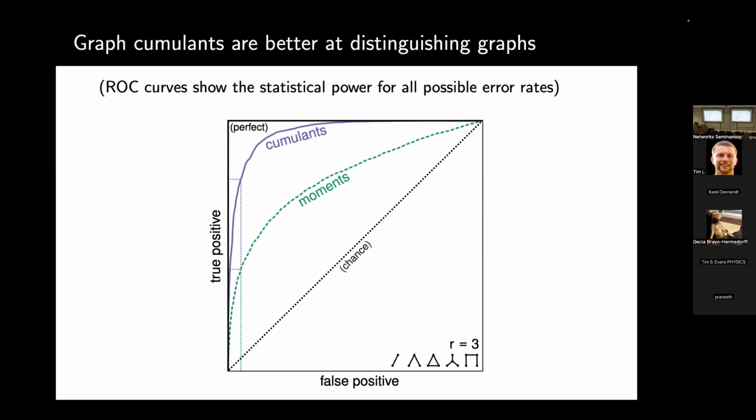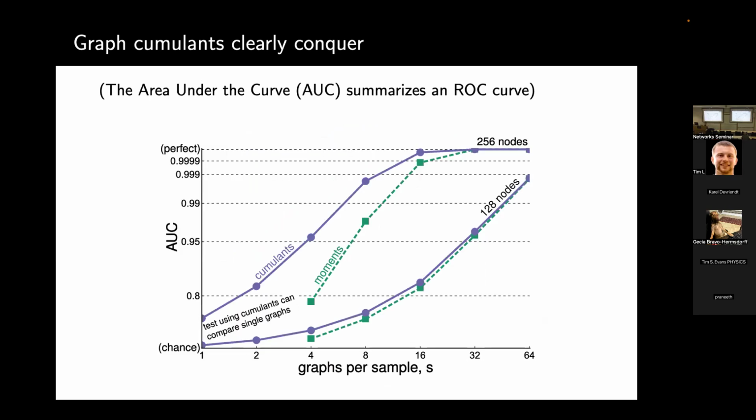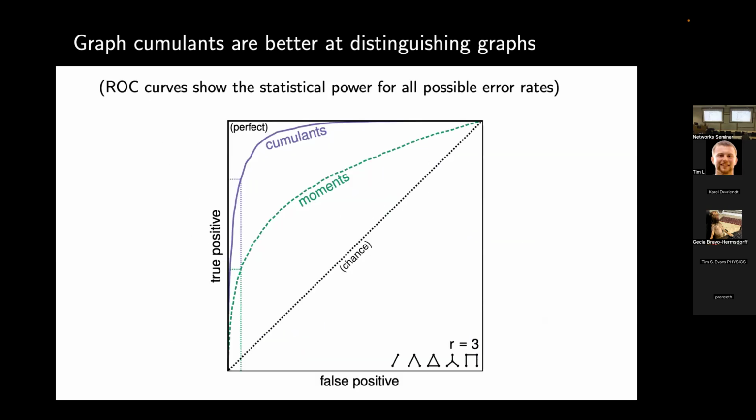Yes. How do you take the randomness into account when you classify whether or not it's the same distribution? I'm just going to use the AUC afterwards to summarize the curve. You could choose a threshold and then say each side of the threshold is one or the other, right?